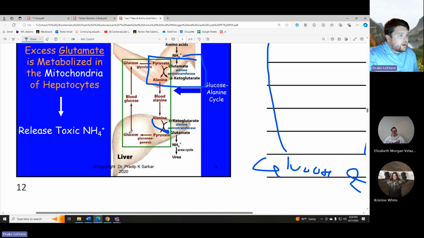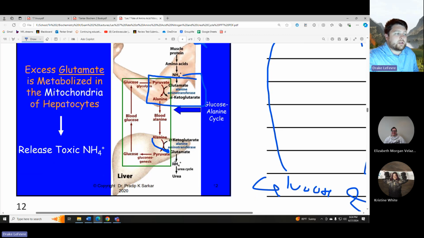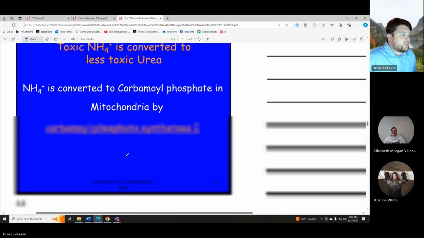So in order to transport that, our glutamate gets turned into alpha ketoglutarate, or alpha ketoglutarate gets turned back into glutamate, in order to pull out and transport the ammonia to the liver. Our urea cycle happens here in the liver. The production of urea happens in the liver.